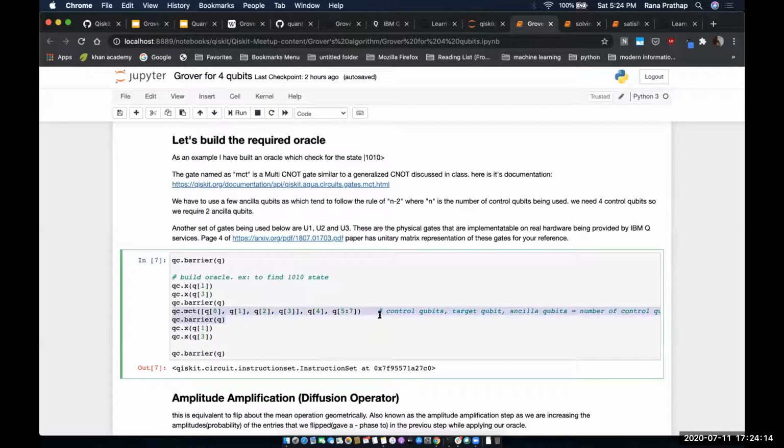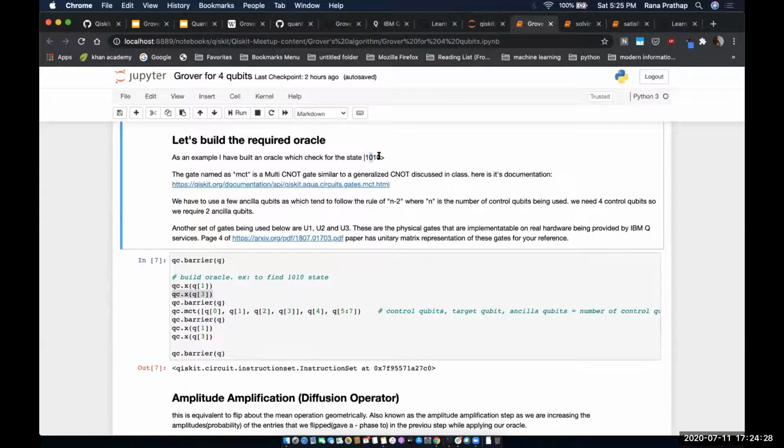For that reason, I've put an X gate on the first qubit and an X gate on the third qubit, where the numbering starts from 0. That will convert it to an all 1 state, and then this MCT will get activated if the initial input was 1010. I hope that is clear.